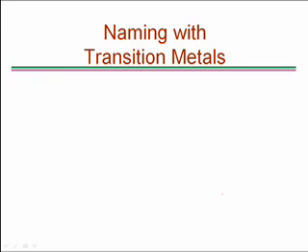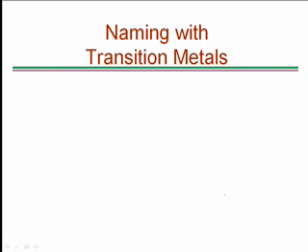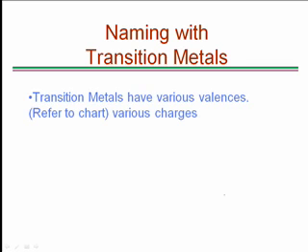Now, the third type is using the transition metals. The transition metals always give students a lot of trouble. Polyatomics give some students some trouble, but transition metals for some reason give students a lot of trouble. So I'm going to try my best to explain it to you so it's not so hard. So what is a transition metal?